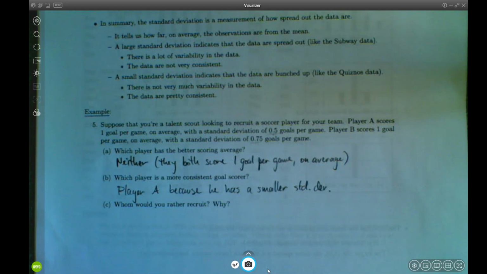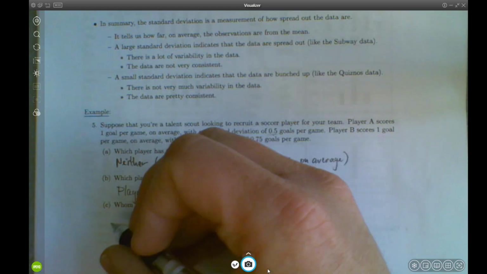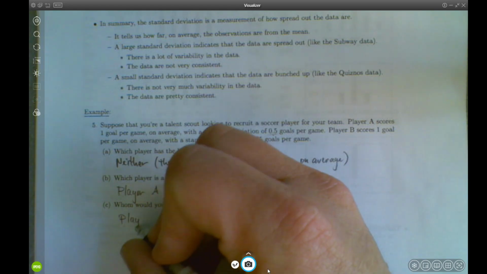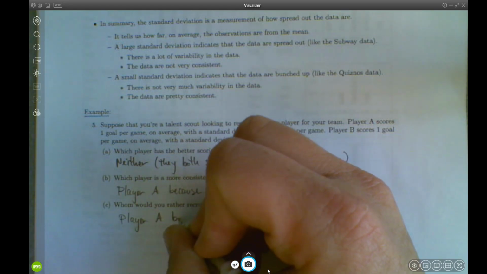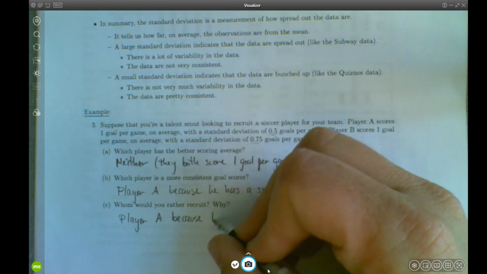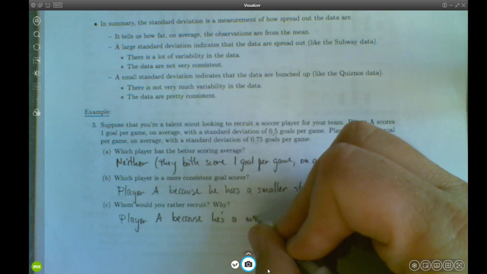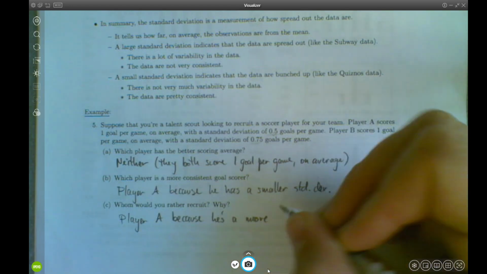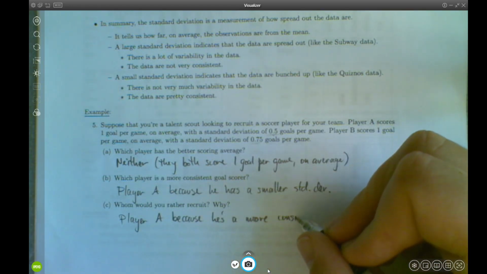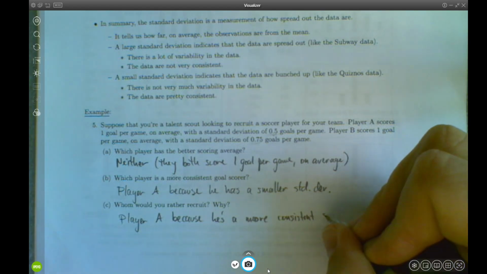Or maybe you could say on a really good day, player B is going to score more points because there's more variety in his performance. So you could argue either way. Personally, I would rather go with player A because he's a more consistent scorer.